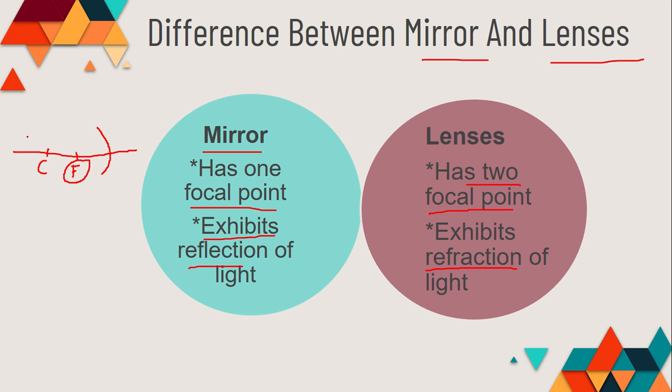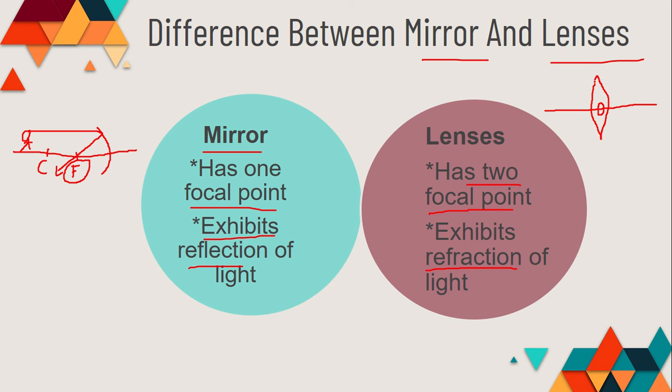So, for example, this is the object. Drawing ako ng tao. Sa images formed, tatama muna siya dito, then magre-reflect sa ating focal point. While in lenses naman, there's a refraction, meaning we have two focal points. For example, this is a principal axis, this is our lens, and the object. For example, I'm using a convex lens.